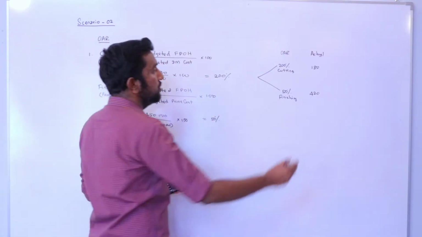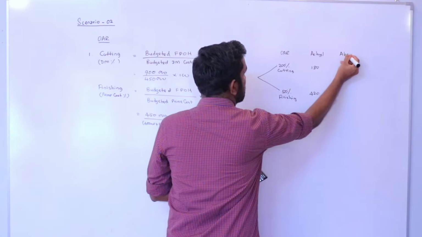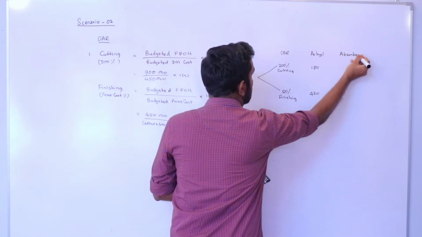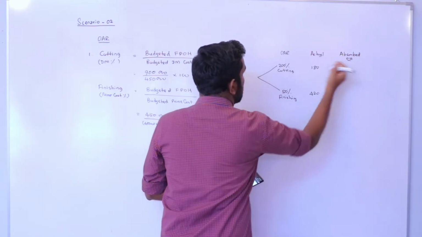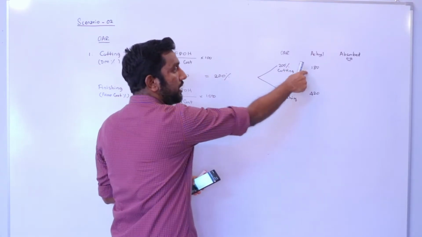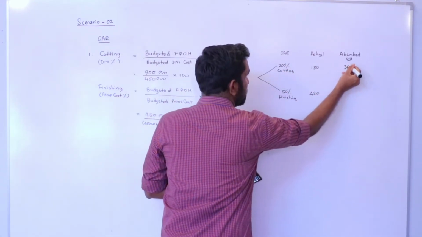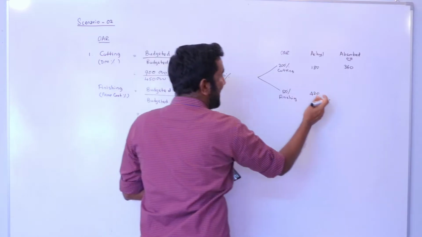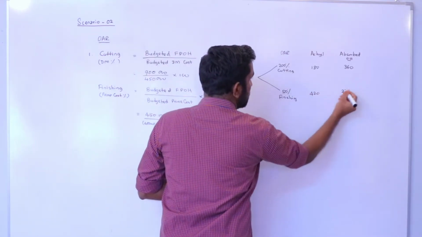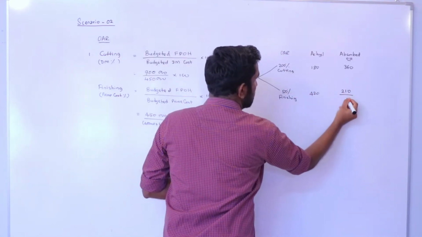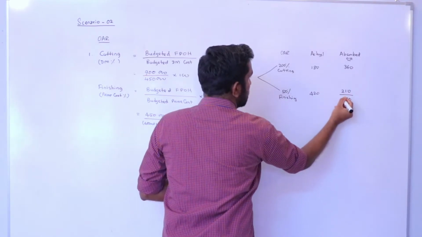So what is my absorbed overhead now? 200% of 180, which is 360. 50% of 420, which is 210.